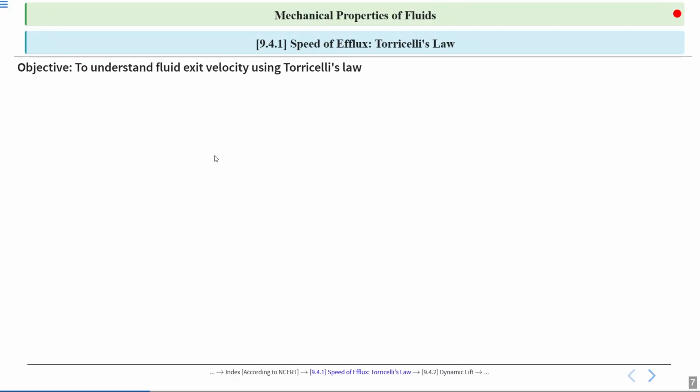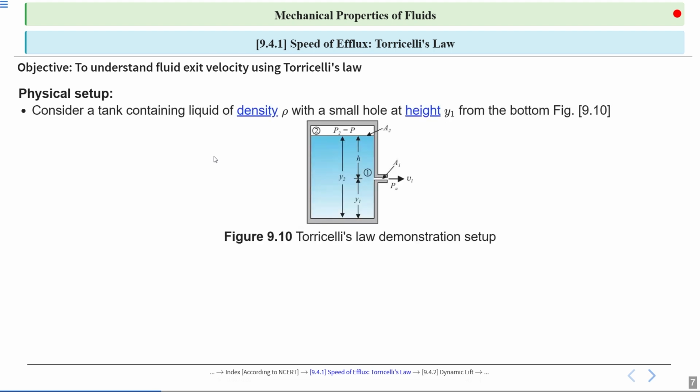So let's look at a physical setup. Consider a tank containing liquid of density rho with a small hole at height y1 from the bottom. Look at figure 9.10. So the height is y1 from the bottom.